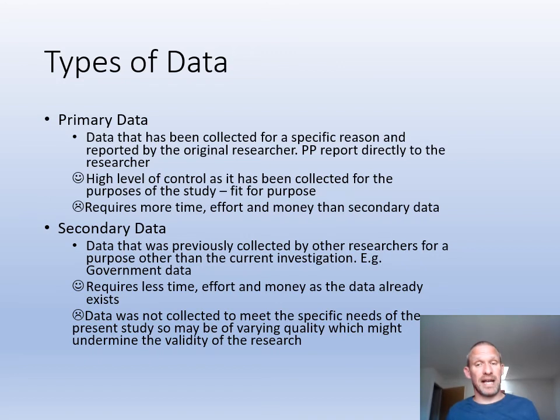So the nature of how it was collected and the validity of the data might be more questionable, and ultimately could then hinder the validity of your study. Okay, so if you're collecting the data directly for your study, you're in control of how that's being done. If you're relying on data that's been collected by other people, then that opens the door to these kind of issues. Okay, so it's a trade-off between the two.